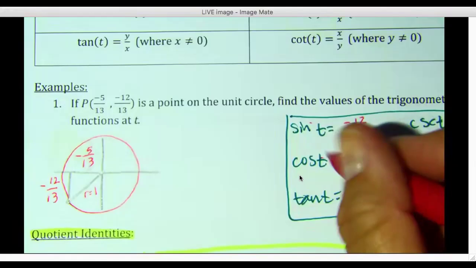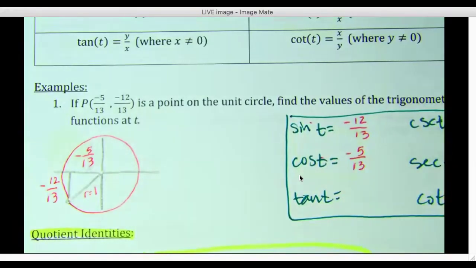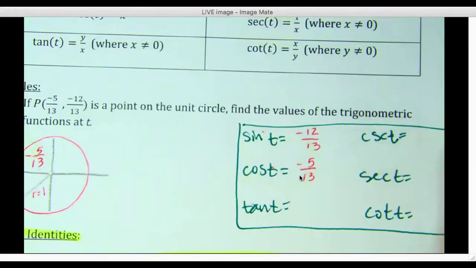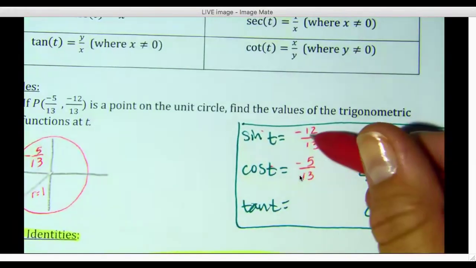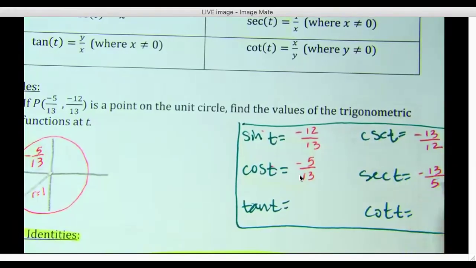Cosine is the x value, so negative 5 over 13. Its reciprocal function, cosecant, is the reciprocal of sine, so negative 13 over 12. And secant is negative 13 over 5.